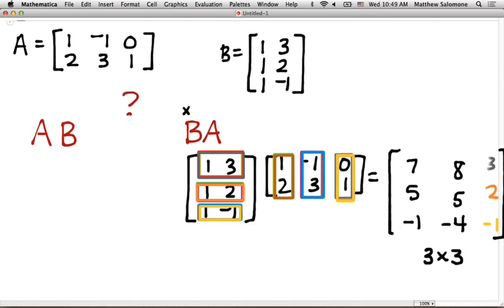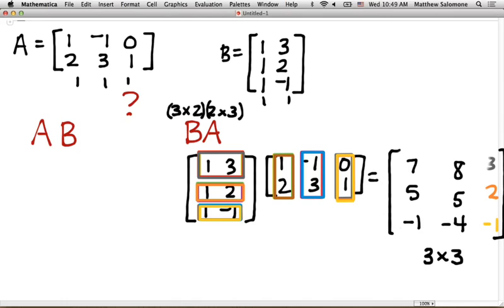It has 2 columns. Yeah, I always get those backwards too. It has 2 columns and 3 rows. So that makes B a 3 by 2 matrix. And A has 3 columns and 2 rows. So 3 by 2 multiplied by 2 by 3.